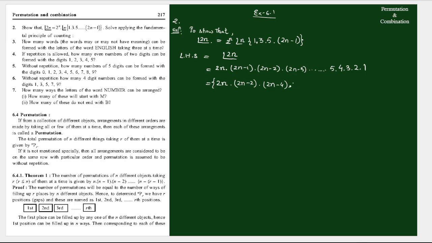So it will go 4, 2. 1 will not come, 1 is an odd number. It goes up to 2.